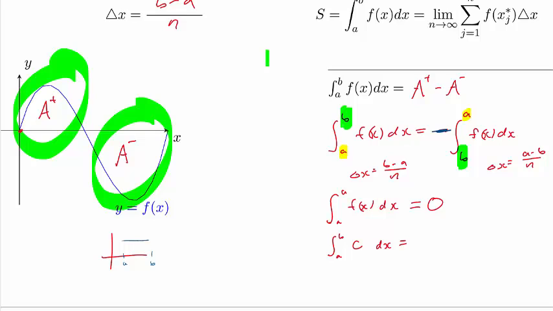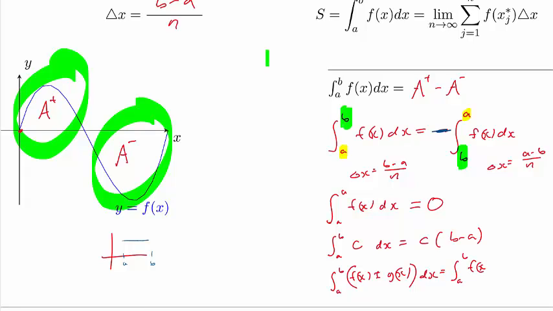So it's going to be the height, which is c, multiplied by this distance here, which we've already gone over, which is b minus a. That's what it's going to be. Alright, and so this next one, if you take the integral from a to b of f of x plus or minus g of x, well then that's going to have the effect of just breaking it up.